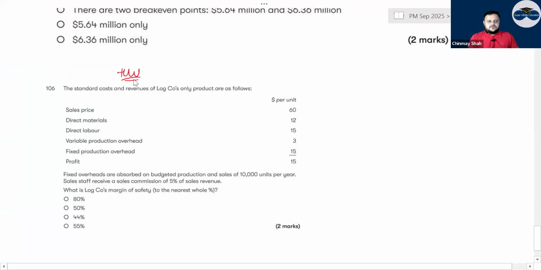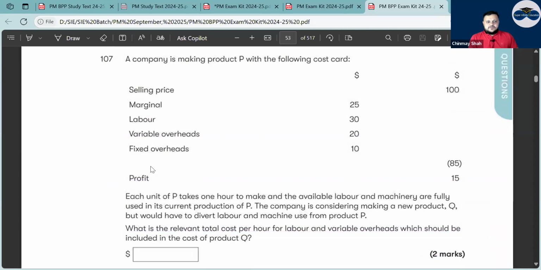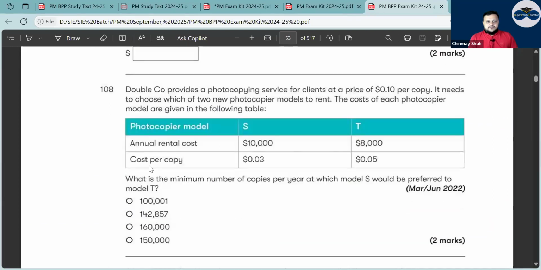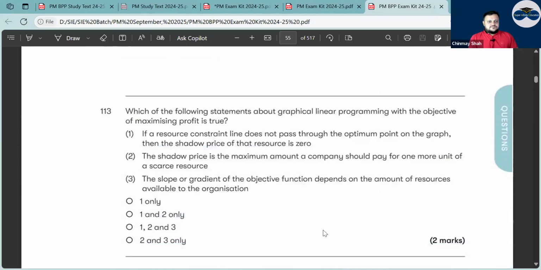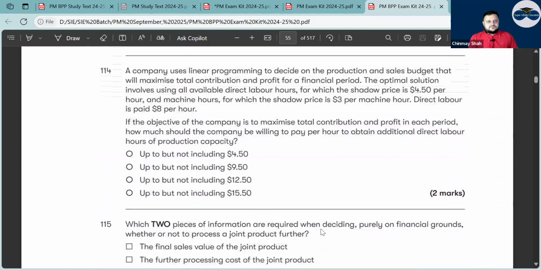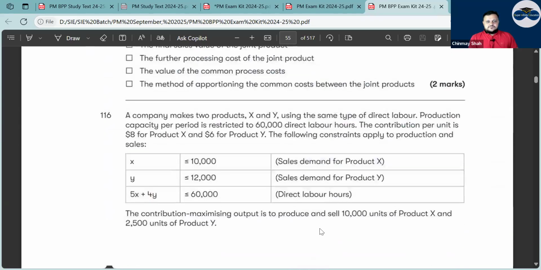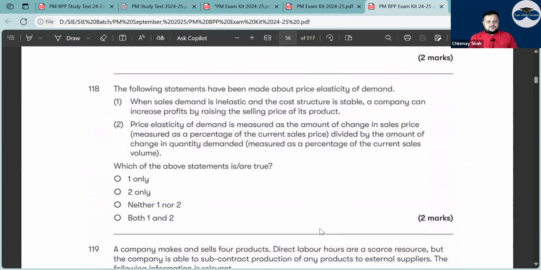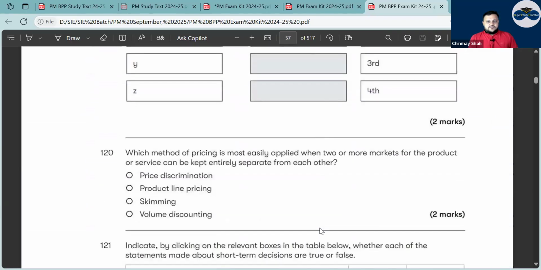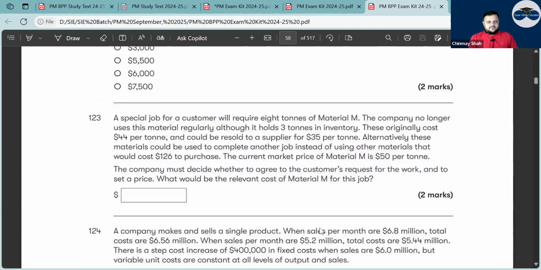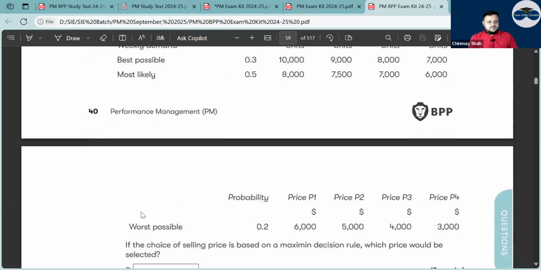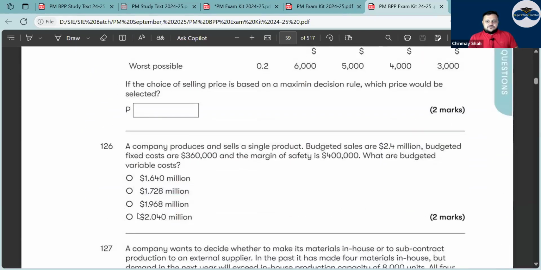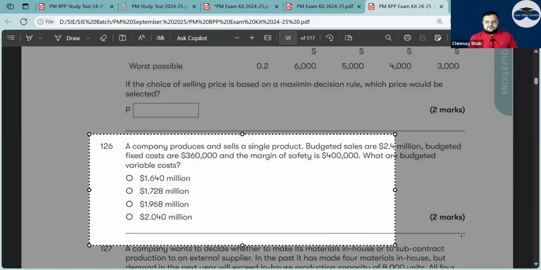Homework. And what else? Total cost annual. This we have to do. This is a good question, but we'll do later on. 118, 119 we have to do, but it is going to take time. 126 also you can do.